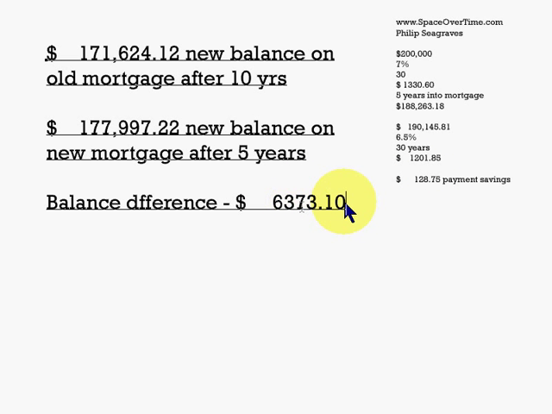You'd only reconsider if 60 of these don't add up to more than that. But we'll go ahead and figure out the exact amount. So what is the present value of 6373.10?